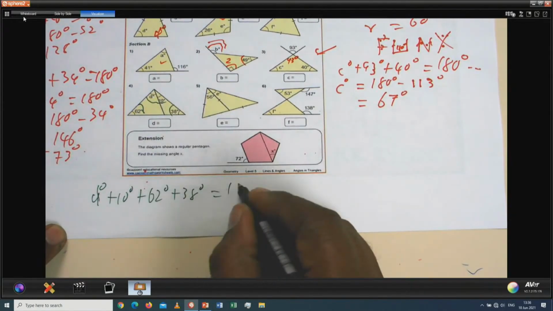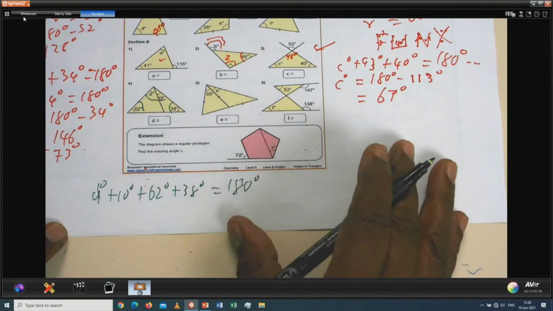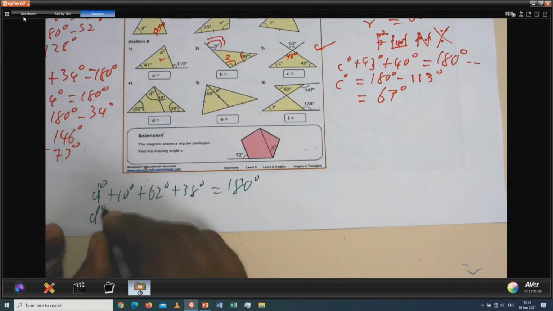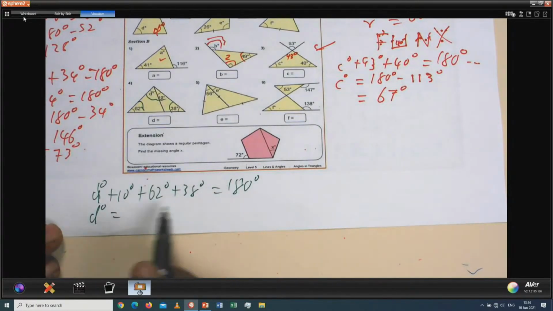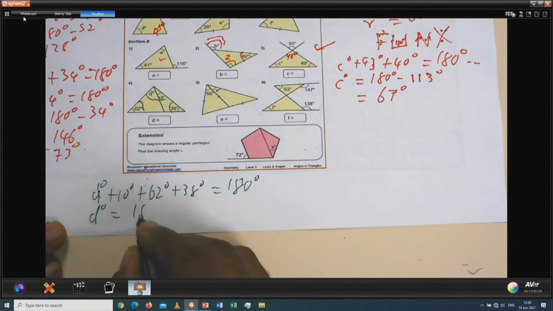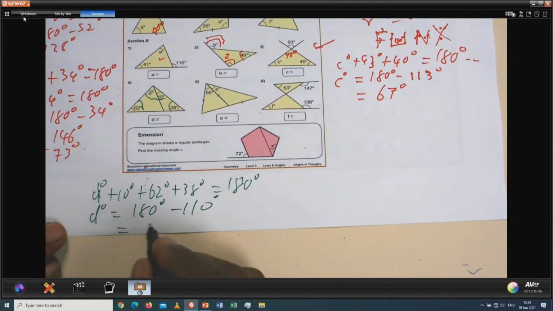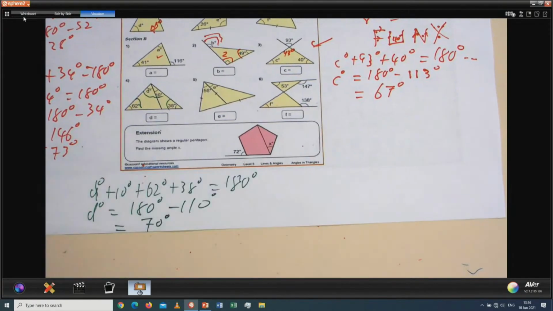They all add up to 180 degrees. That is correct. You get a mark for that. Never ever worry about the final answer. Then you will get there. 72 plus 38 is 110, if my math serves me right. Therefore, your D is 70 degrees.